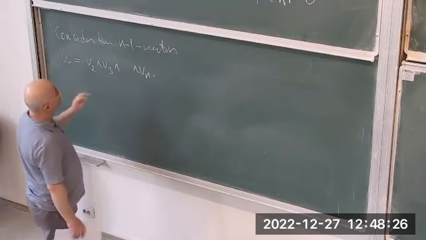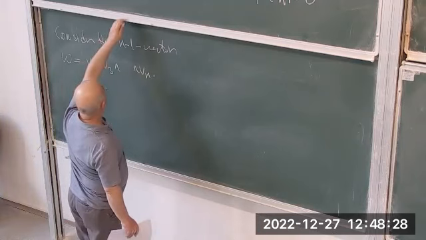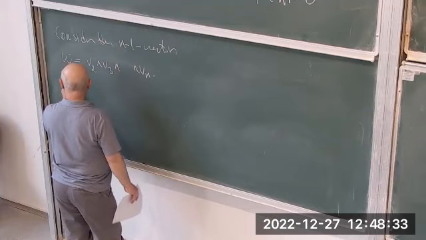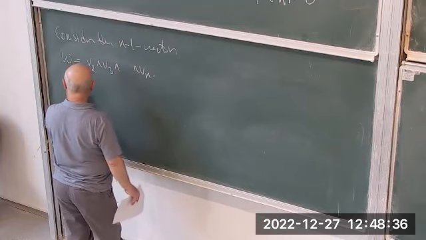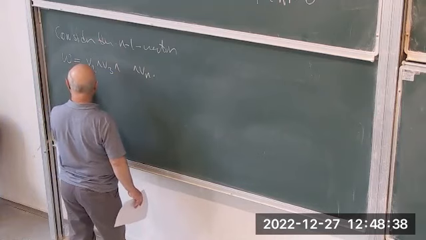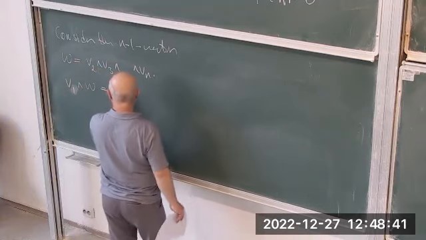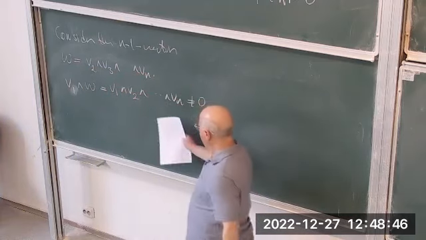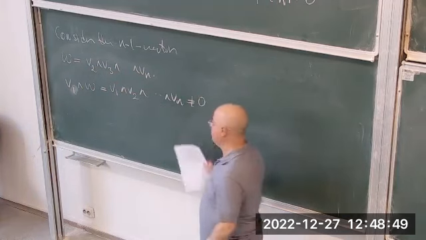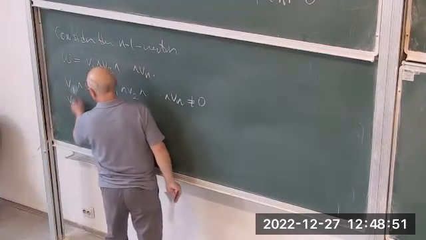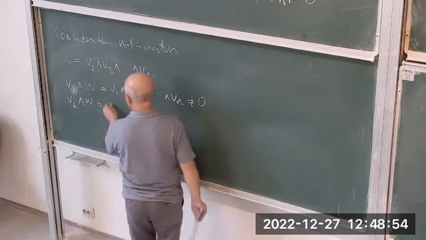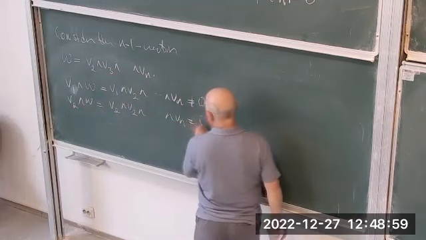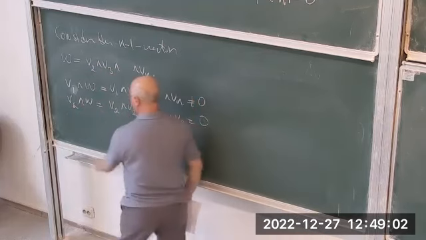Now, V1 wedge W is just V1 wedge V2 wedge up to Vn, and that's not zero. If these are independent, this is a non-zero vector. But V2 wedge this one, V2 wedge V2 up to Vn, this is zero because the first two vectors are the same.